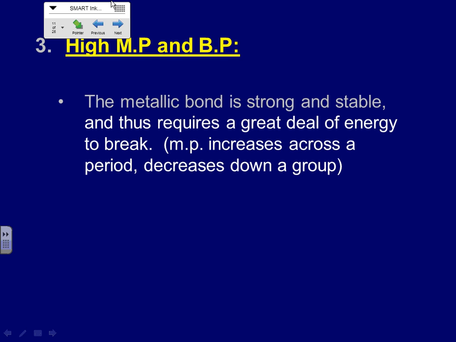Ionic solids have high melting points and boiling points because of the strength of their directional forces. Metallic bonds have high melting points and boiling points due to the adaptability of that sea of electrons to hang on to its positive nuclei. It's the sea of electrons that's holding everything together.